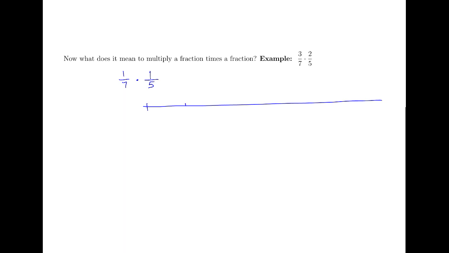So 1, 2, 3, 4, 5. If this is 1 and this is 0, then this is 1/5. If I want to take 1/7 of 1/5, that means I want to divide this length into 7 equal pieces. 1, 2, 3, 4, 5, 6. So here, this tiny little piece is 1/7 of a 5th.